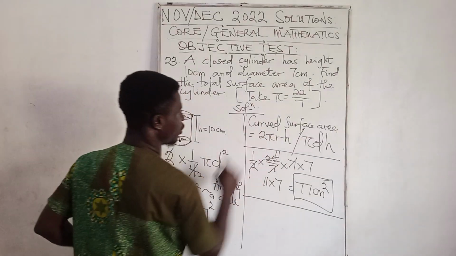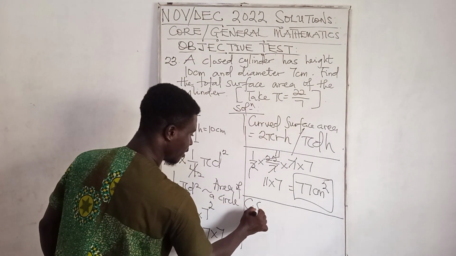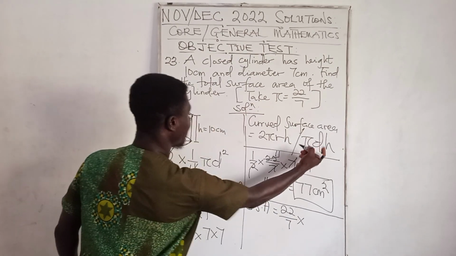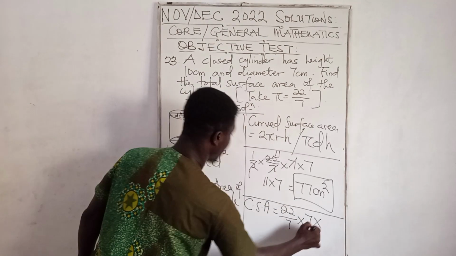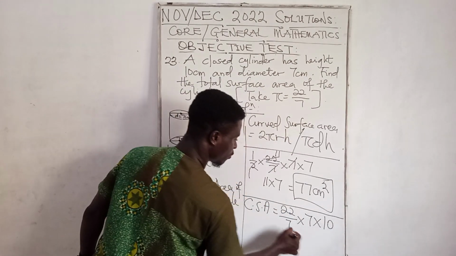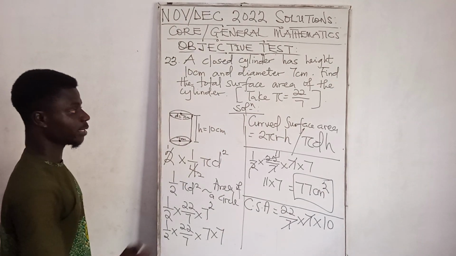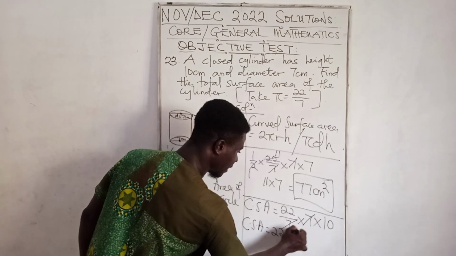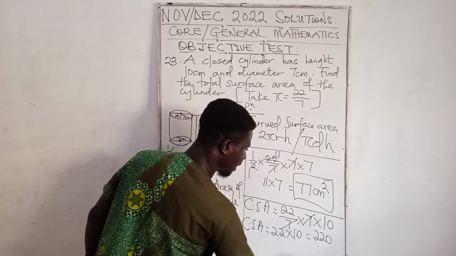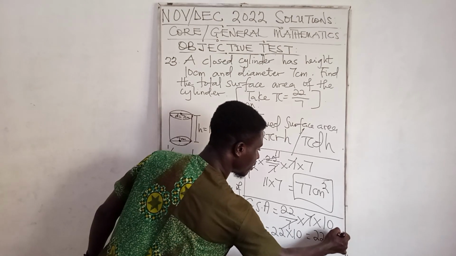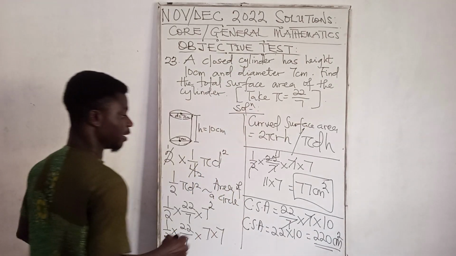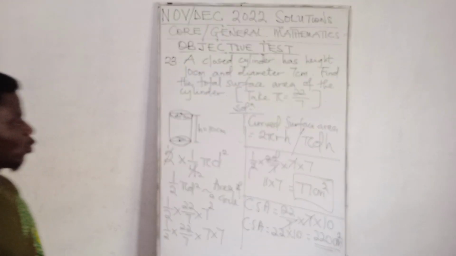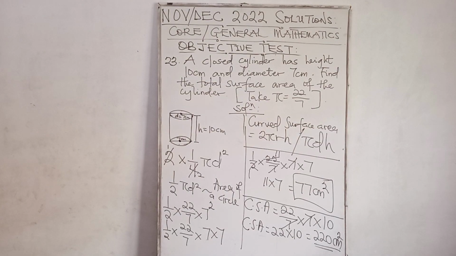So the curved surface area is 22/7 times my diameter, which is 7, times my height, which is 10. This one cancels, so I have 22 times 10, which gives me 220 centimeters squared.